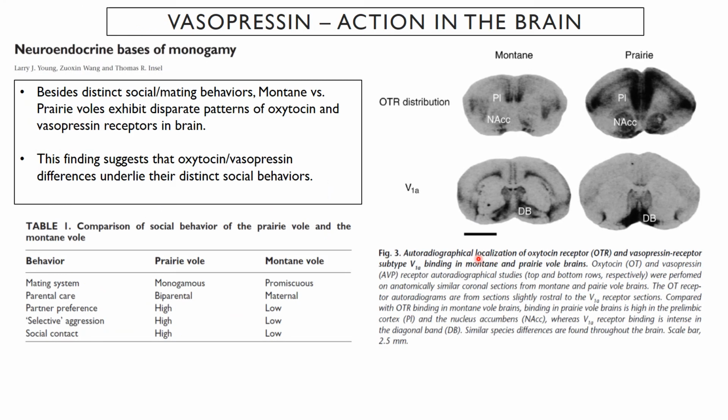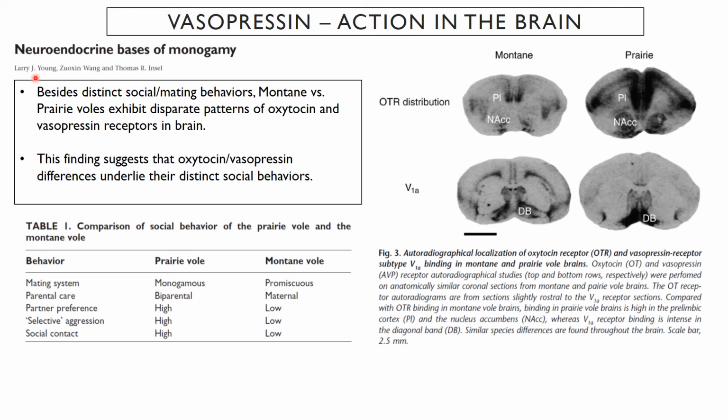So what's the difference between these two species? A lot of this work had been done by Thomas Insel, who was the head of the National Institute of Mental Health and the National Institutes of Health, the NIH. A lot of this work, when he was in Thomas Insel's lab, was done by Larry Young, who's a major professor at Emory, one of the top scientists working on the neurobiology of regulating partner preference.